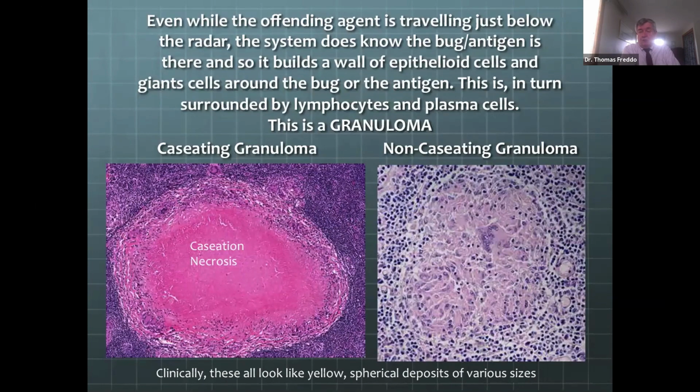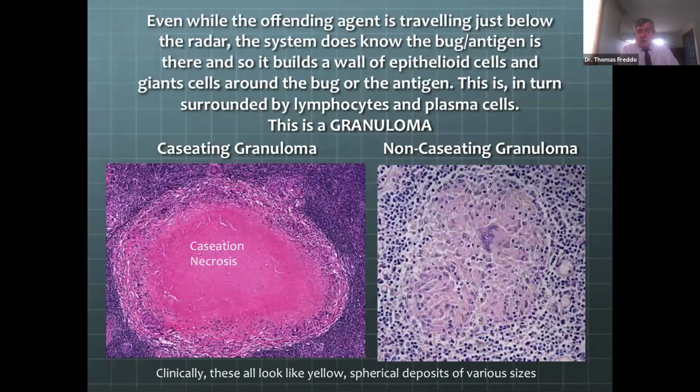Generally, we see them in two flavors, particularly in TB. There tends to be necrosis within the center of the granuloma, and so we call that a caseating granuloma. And in others, as the one on the right, there is no caseation in the center. It is a solid mass of granulomatous tissue, meaning epithelioid cells, and you can see one multinucleated giant cell there.